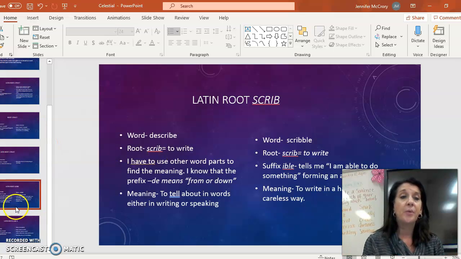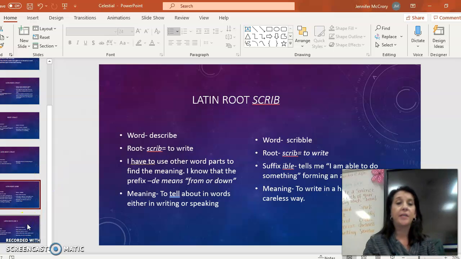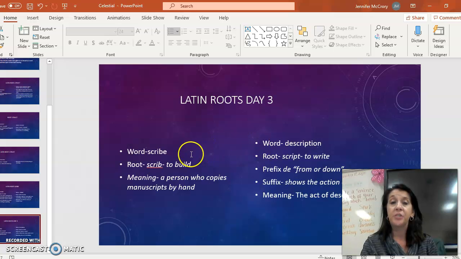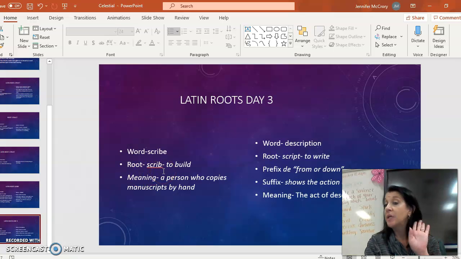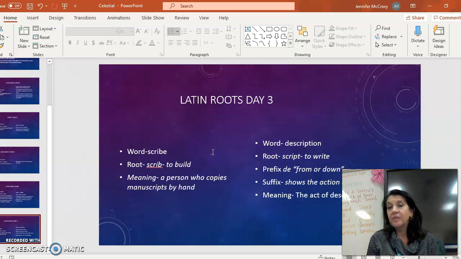So I'm going to ask you to help me out as we look at these two words for today, scribe and description. Now, here we have our word, and what was my root again? Let me hear you. Exactly, to build. Good job, scribe, right here. And this one is very short because guess what?